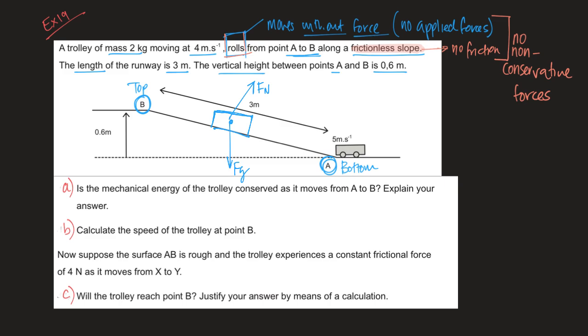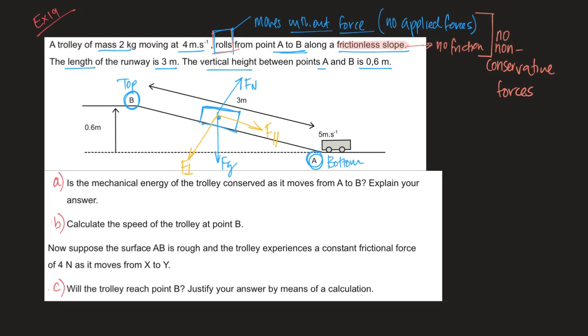Essentially, I can also say, if I wanted to, I could have had my F perpendicular, and then going down the slope, I'll have my F parallel. Those are the forces acting on this object.